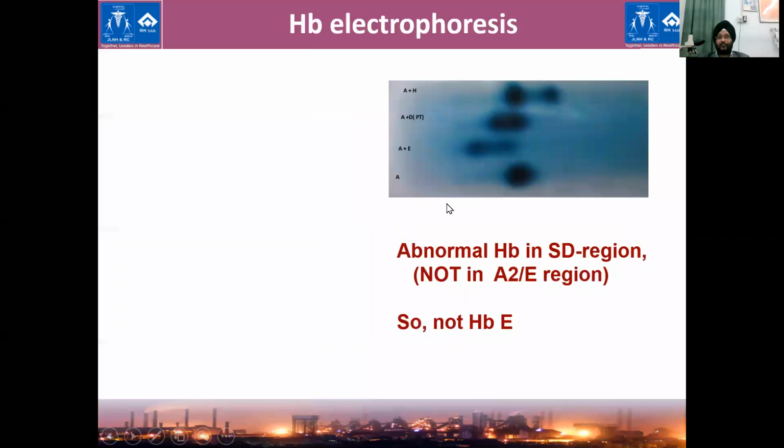We did an Hb electrophoresis. I'm sorry for the image, it's very blurry, but this is what I had.